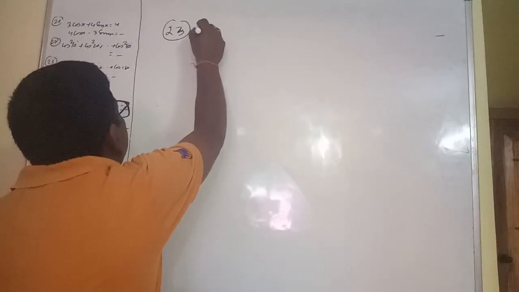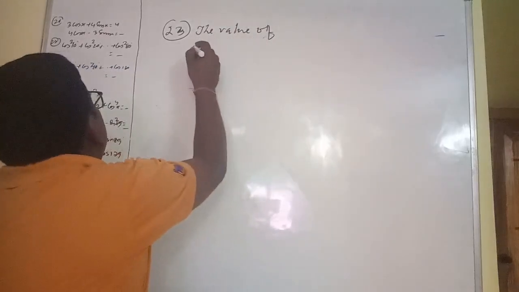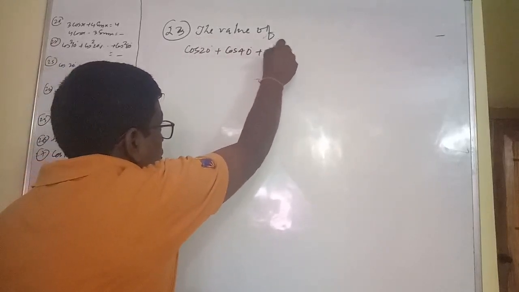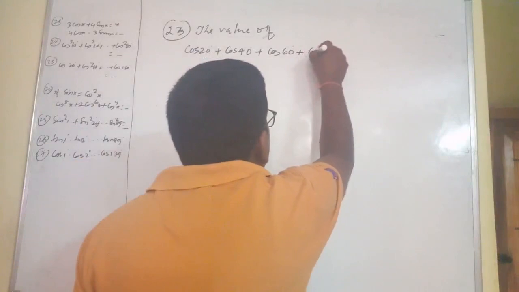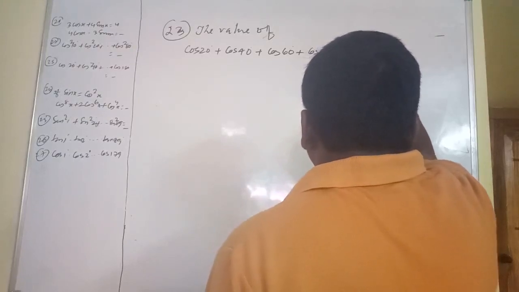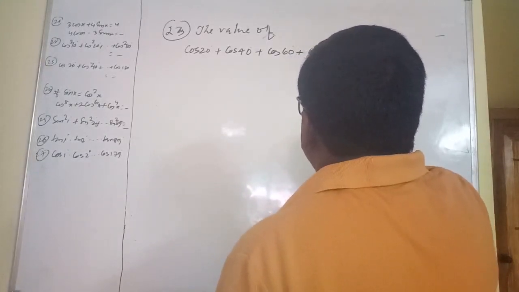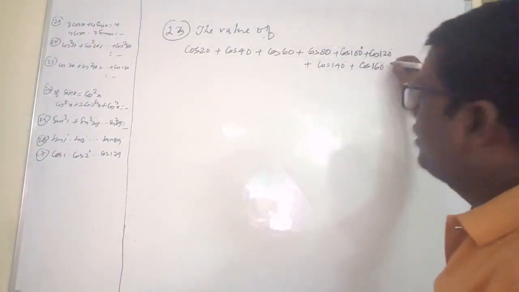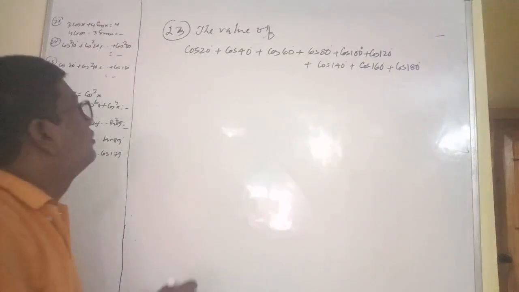The value of cos 20 degree plus cos 40 degree plus cos 60 degree plus cos 80 degree plus cos 100 degree plus cos 120 degree plus cos 140 degree plus cos 160 degree plus cos 180 degree. The value of this.